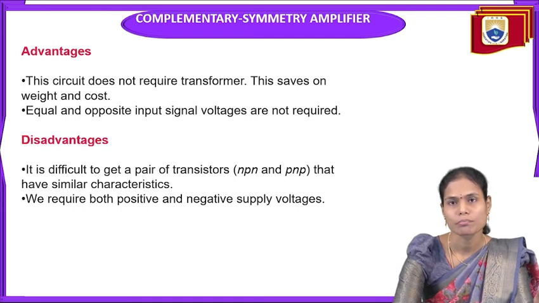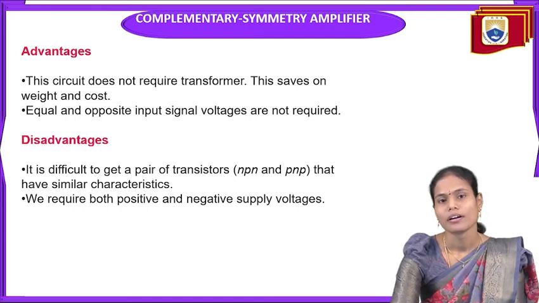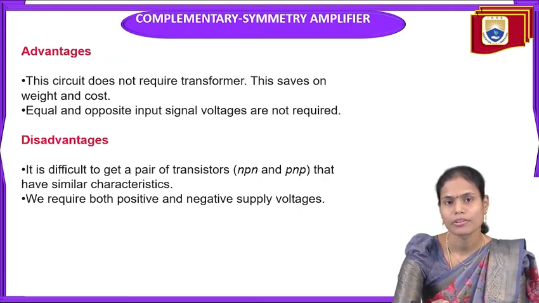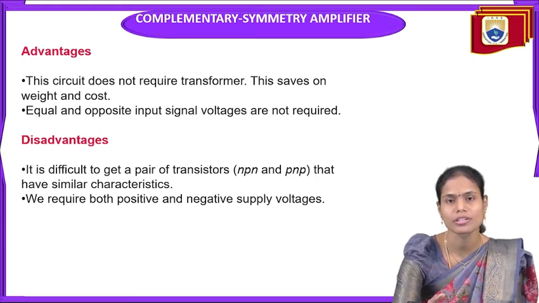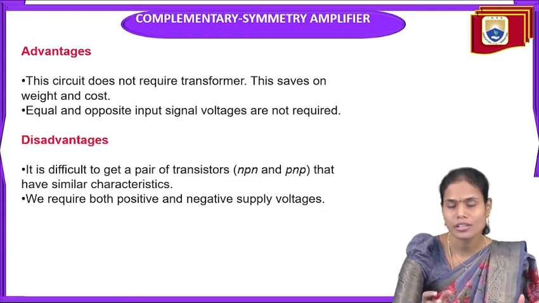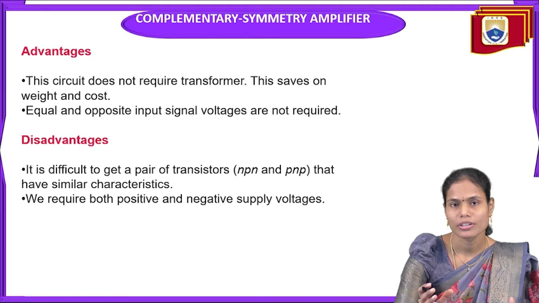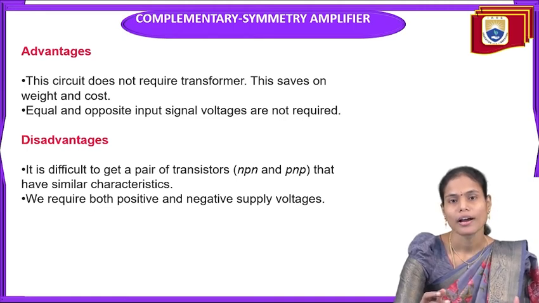Equal and opposite input signal voltages are not required here. In the previous case, the class B amplifier, we used equal and opposite polarity input signals in order to conduct both the transistors. But in this case, it isn't required. With a single applied input signal, we utilize half cycle for the first transistor and the remaining half cycle for the second transistor.